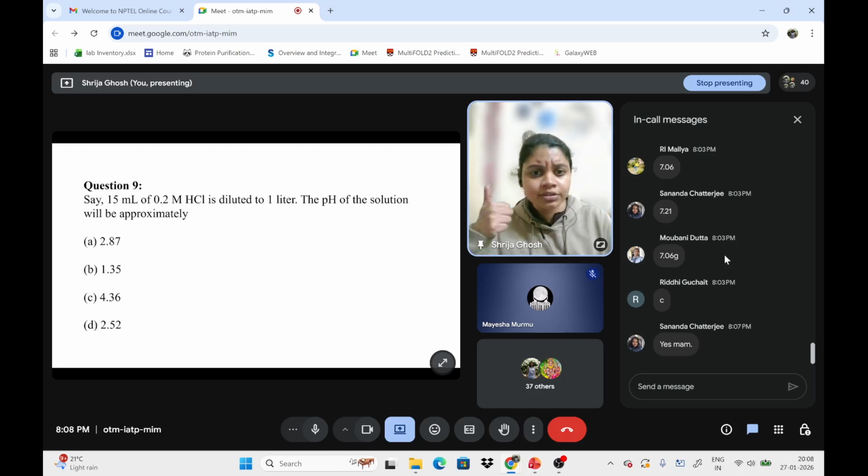We have 15 ml initial volume, 0.2 molar initial concentration, 1 liter is the final volume. Calculate the pH.